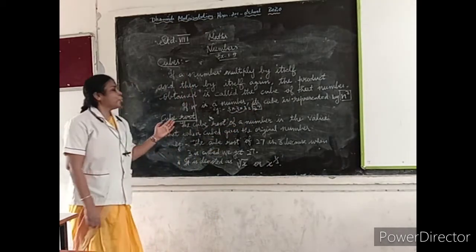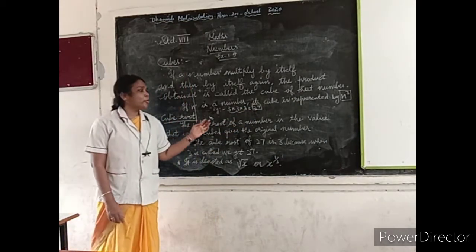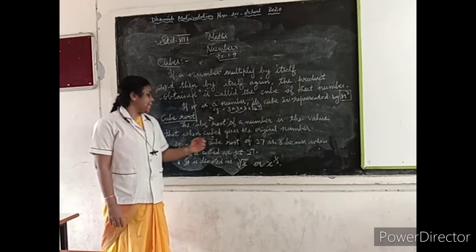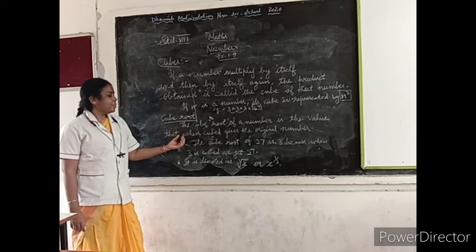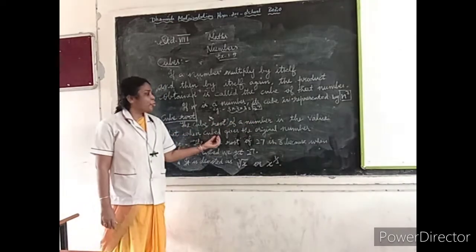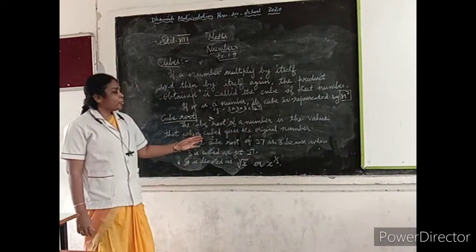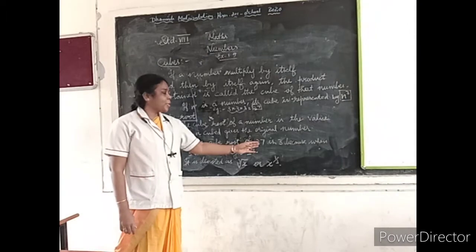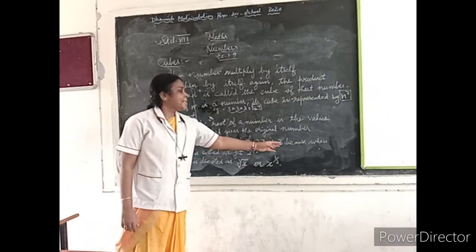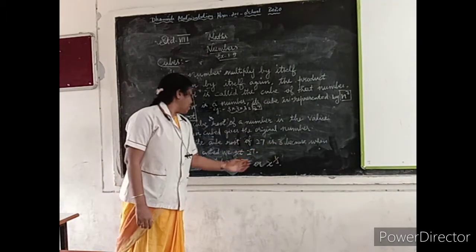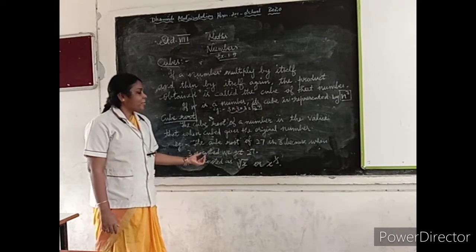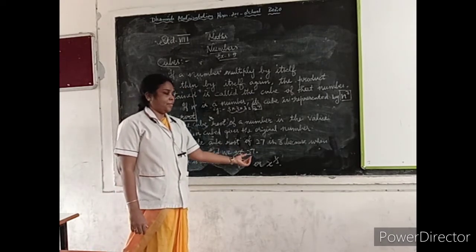Next, cube root. The cube root of a number is the value that when cubed gives the original number. For example, the cube root of 27 is 3 because when 3 is cubed we get 27.